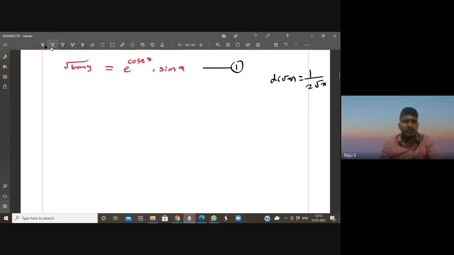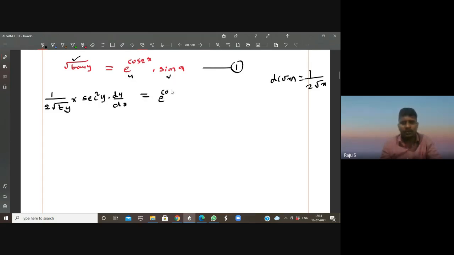So now chain rule: first differentiate this root, then derivative of tan y. 1 by 2 root tan y. Again tan y derivative is secant square y. Y derivative is dy by dx. It is equal to, this is u, this is v, uv rule.